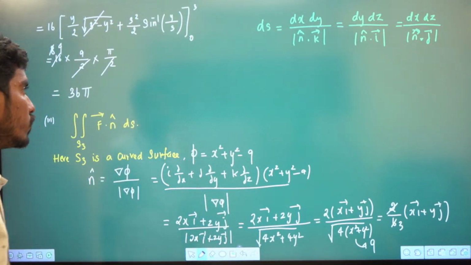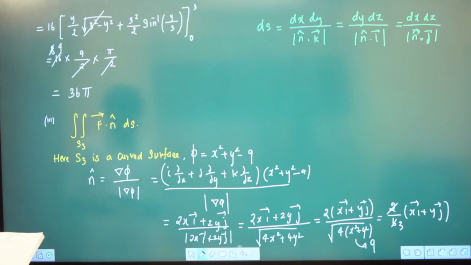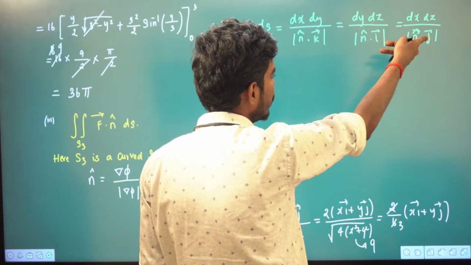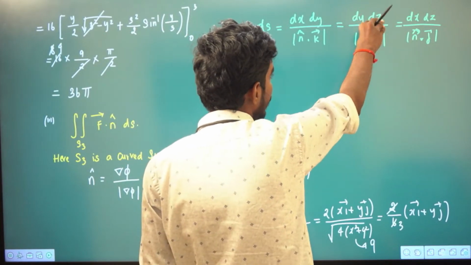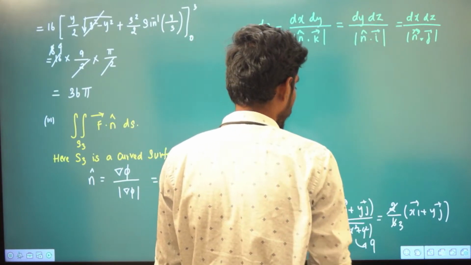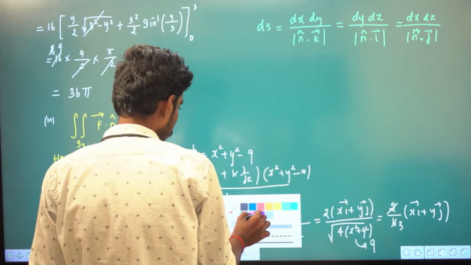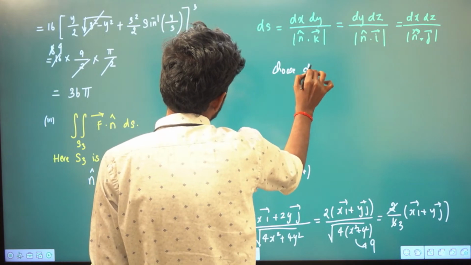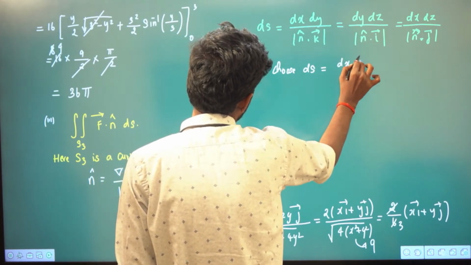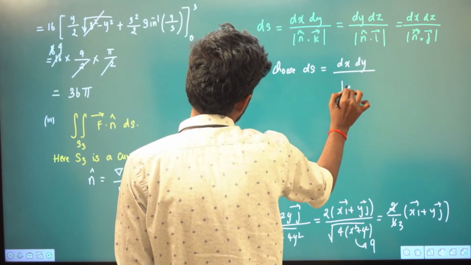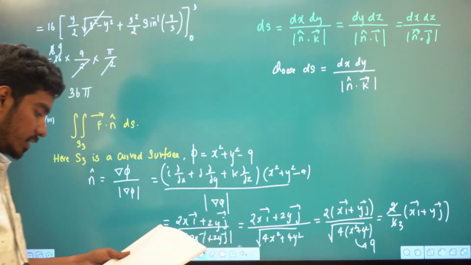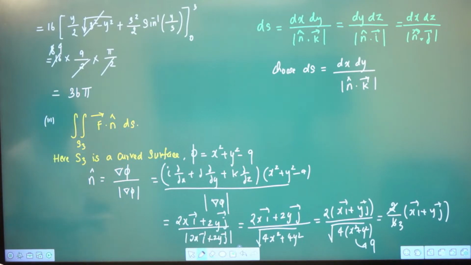Now I'm going to choose ds to be dx dy divided by modulus of n cap dot k. After the class, you can try choosing ds differently and work out the problem, and you will get the same answer.